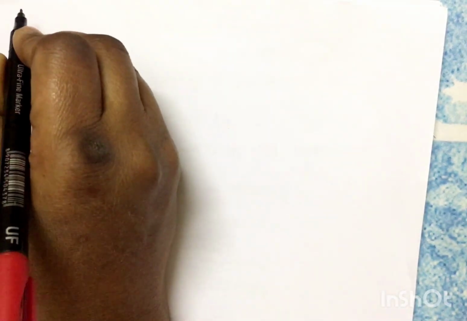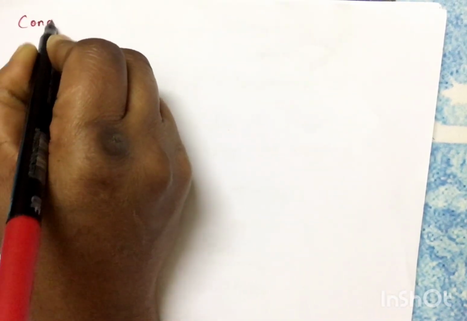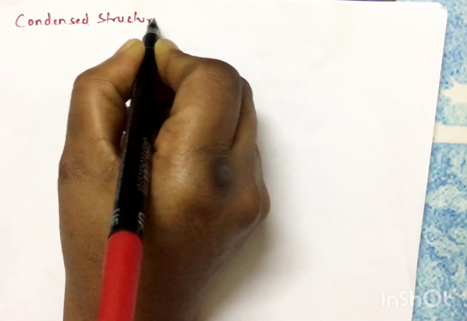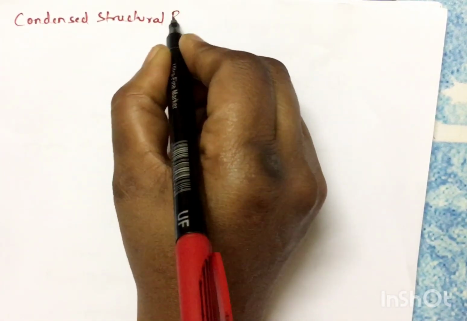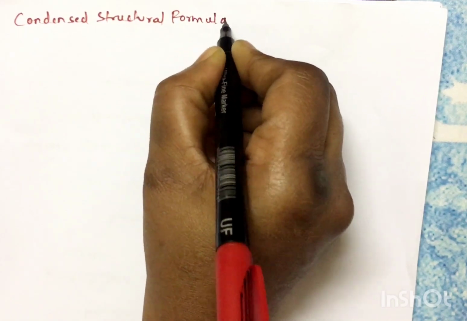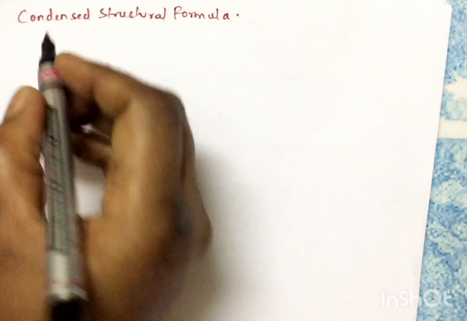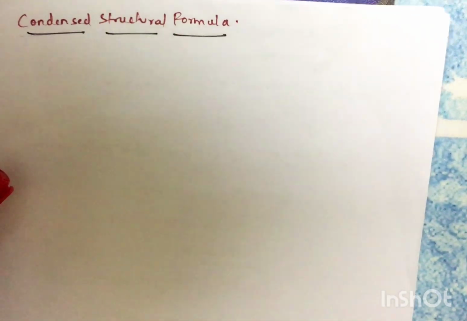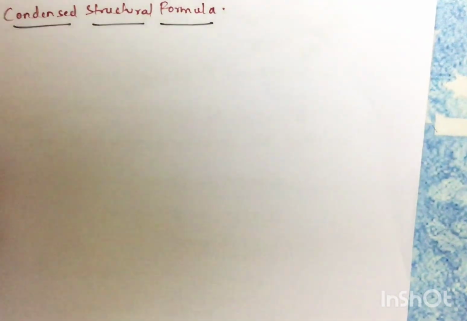Now let's see the second way of representation, that is condensed. Let's see the condensed structural formula method of representing.